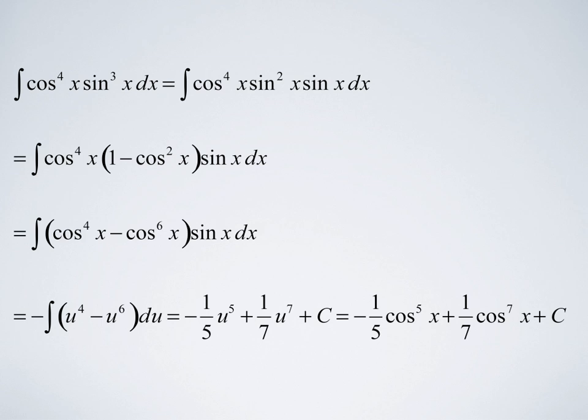So we need to add the minus sign on the outside, and you get minus the integral of u to the fourth minus u to the sixth. Integrating term by term, we get minus 1/5 u to the fifth plus 1/7 u to the seventh plus c. And then we just back substitute. We had u as cosine x, so you get minus 1/5 cosine fifth x plus 1/7 cosine seventh x plus c.